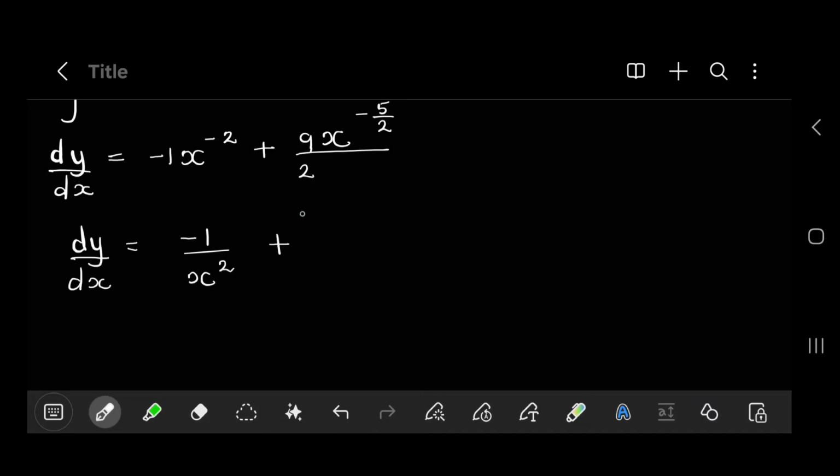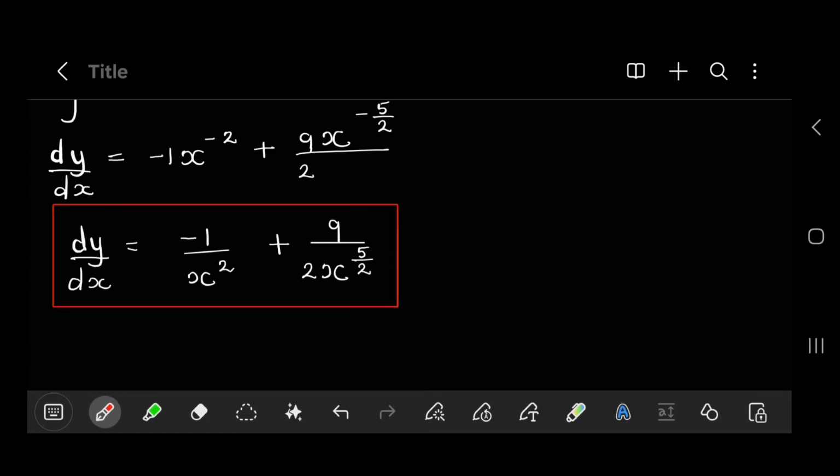You're going to apply the same rule to the second term. The 9 will stay at the top. The variable moves to the bottom next to the 2, and its exponent now becomes positive 5 over 2. So we have differentiated with the correct notation, and we have positive exponents only in our final answer. So this is it.